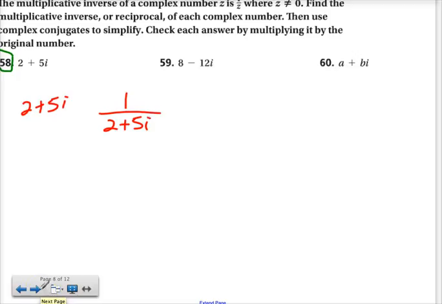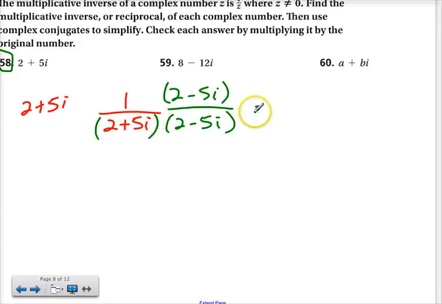So now I'm going to have to simplify, rationalize my denominator here by using a complex conjugate. My numerator is very basic. I'm just going to get 2 minus 5i. And on the bottom, I do first times first and get 4.